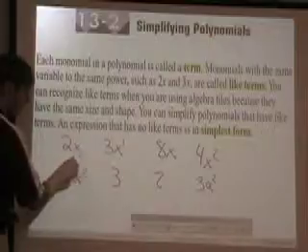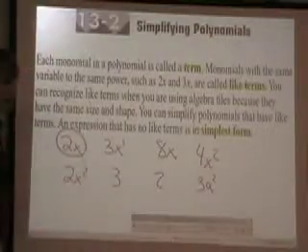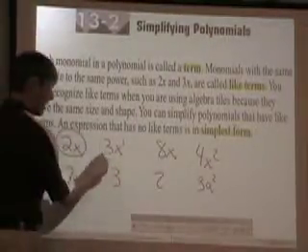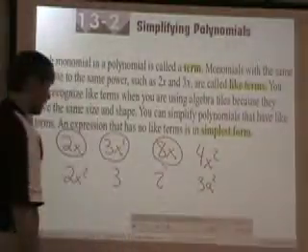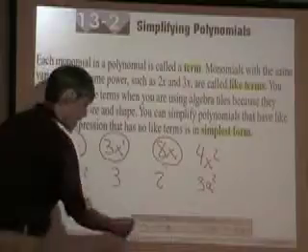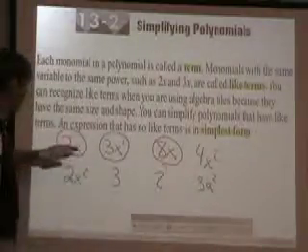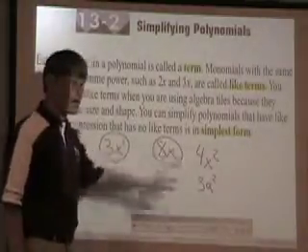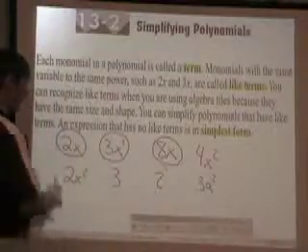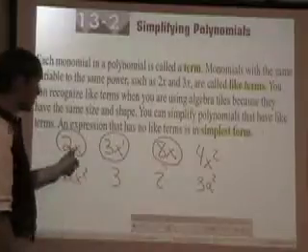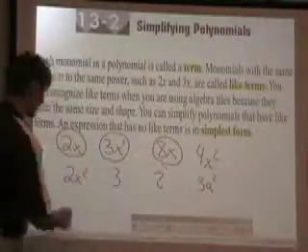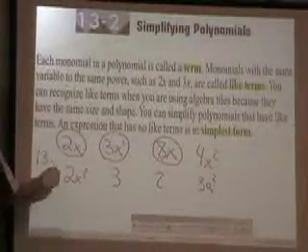Now, tell me something that 2x is a like term with. 3x, 8x, anything else? No. That means you can add up 2x plus 3x plus 8x. Here's how you do it. 2 plus 3 plus 8, what is that? 13. So 2x plus 3x plus 8x is 13x.